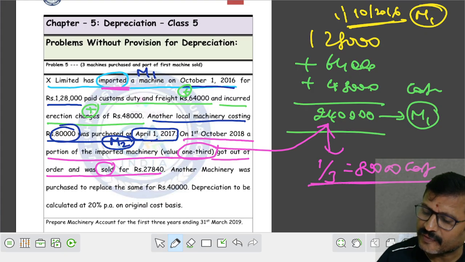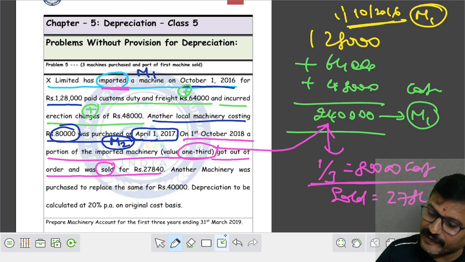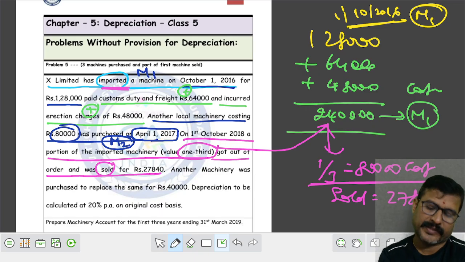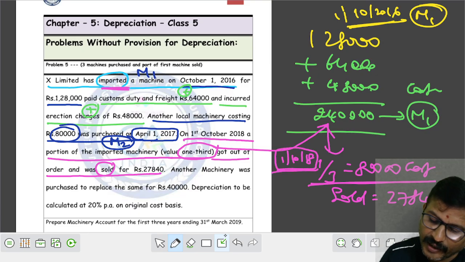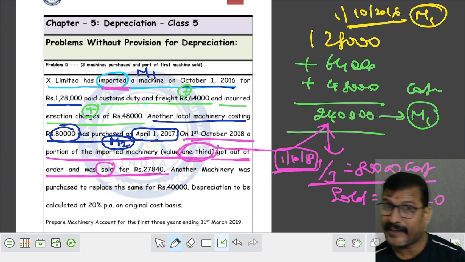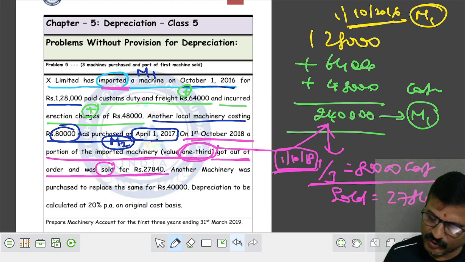The 80,000 cost of the first machine is sold, for how much? 27,840 rupees. Did you understand what he is telling? On October 18, a portion of the imported machine, 1/3, got out of order and was sold for 27,840. Please remember, part of the first machine, 1/3, is sold.